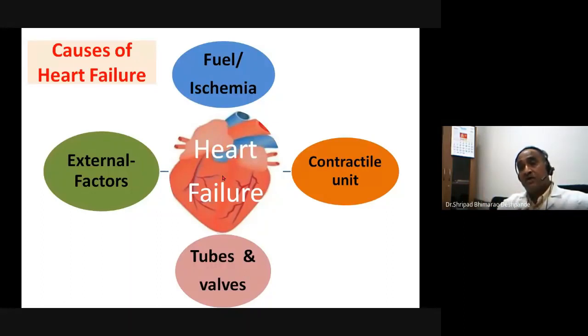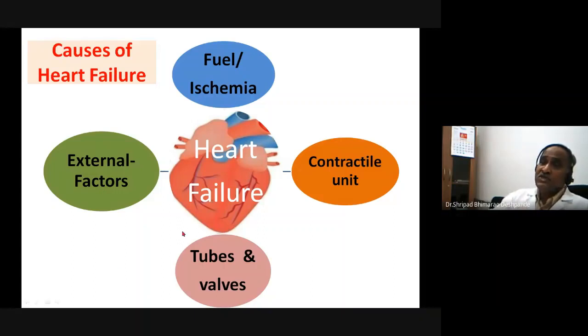Now if there were no pericardial sac or membrane and fluid in the pericardial sac, then at any time the left ventricle would have been bruised and maybe ruptured. And if there is a lot of fluid accumulating in the pericardium, then it will not allow the heart to contract. Or there are other factors.